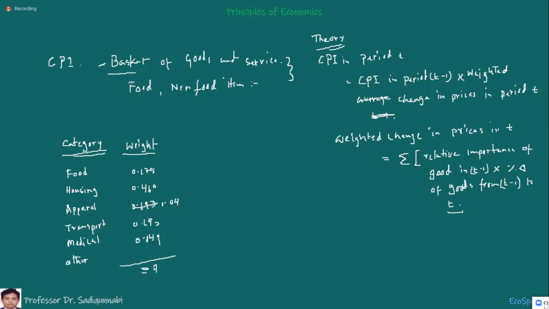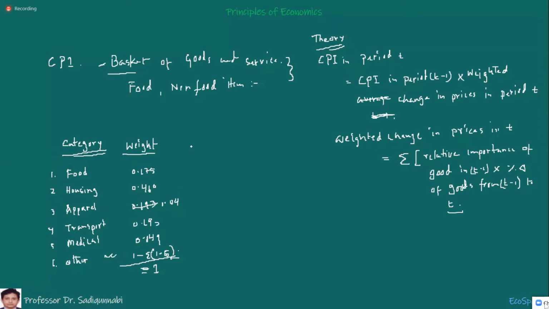So others is 1 minus the sum of all these. Okay, so this is the other item.